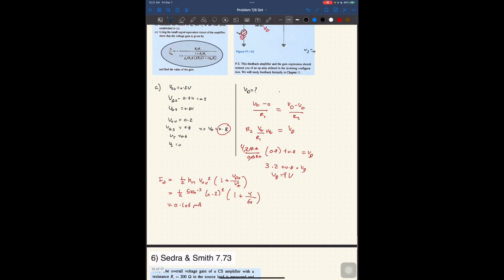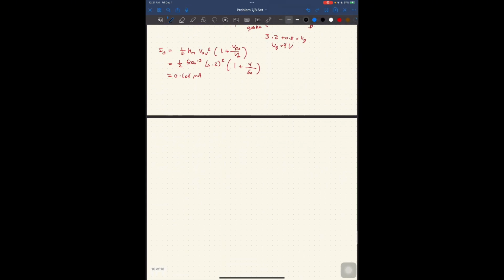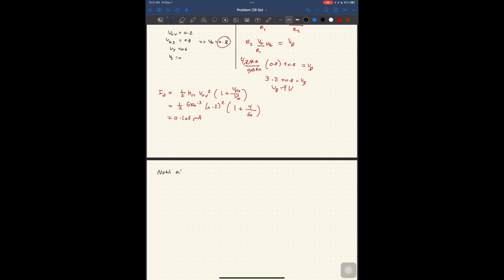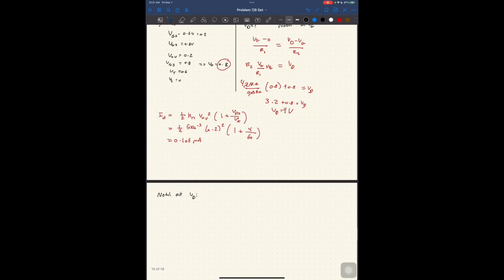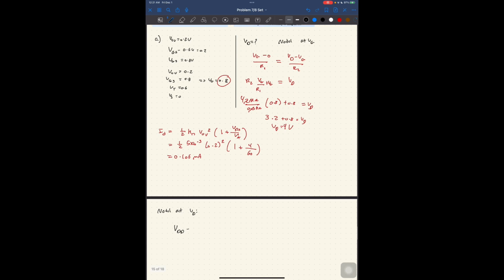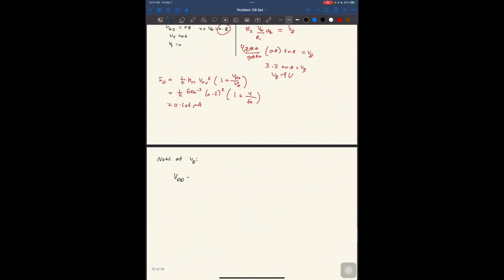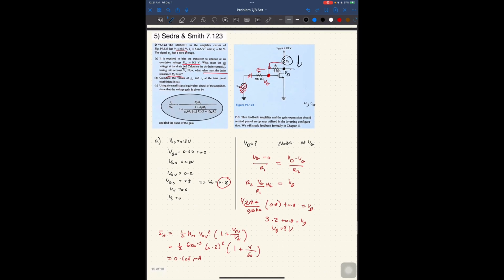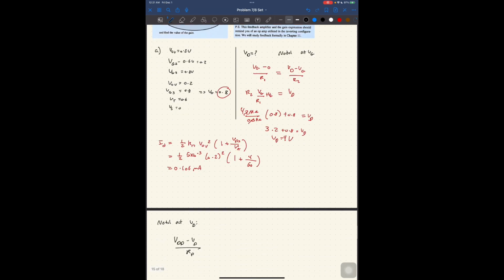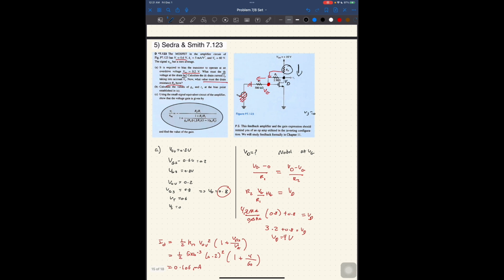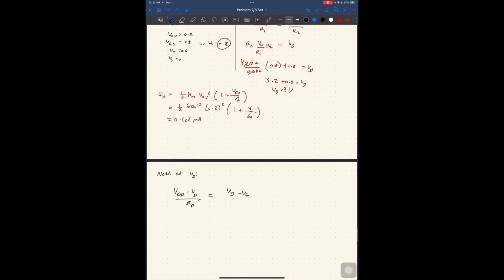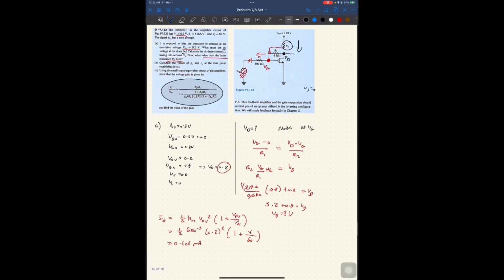Right? So here I did nodal at VG. Let us do a nodal at VD, such that VDD minus VD over RD, for the current going in is equal to the current leaving, which makes it equal to VD minus VG over R2 plus ID.